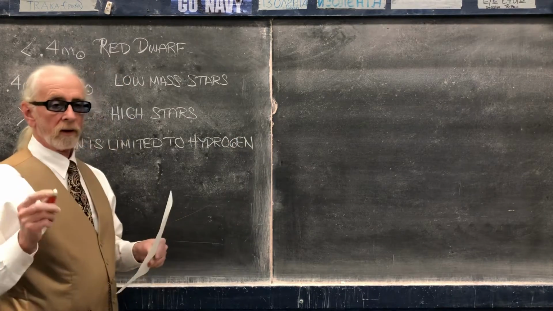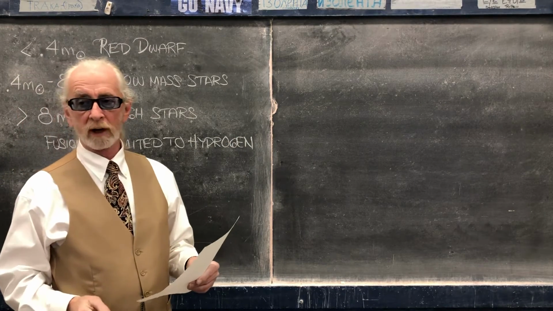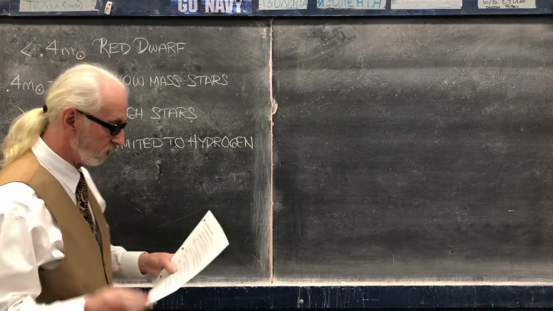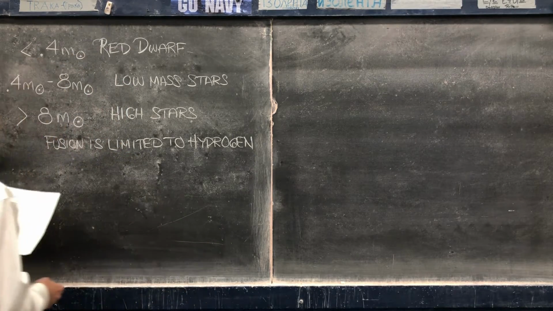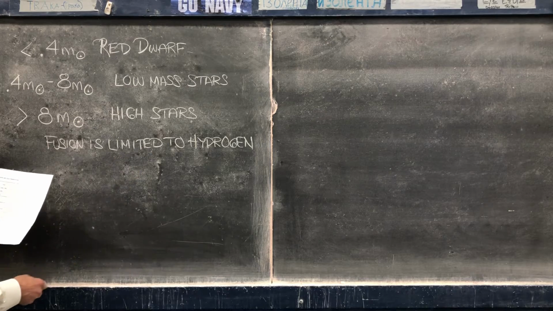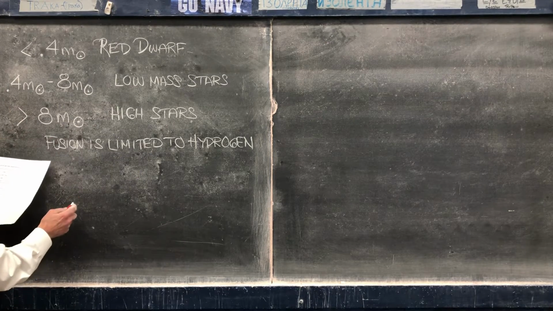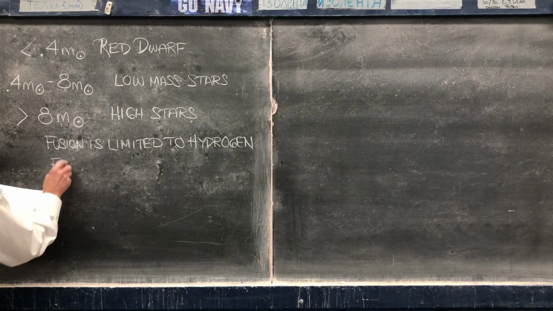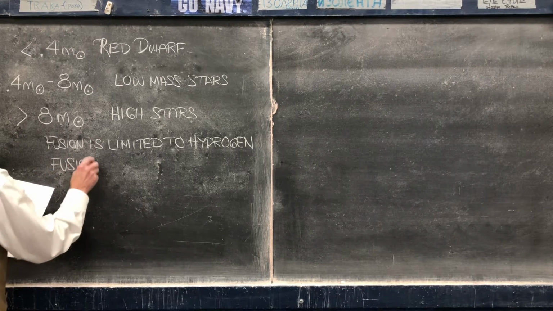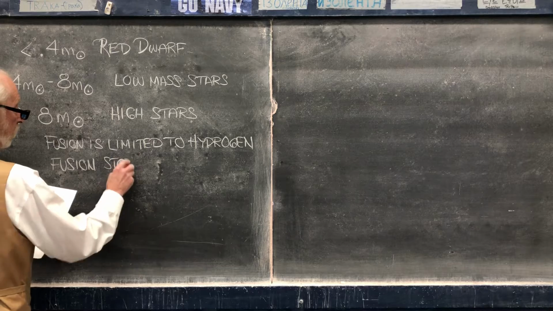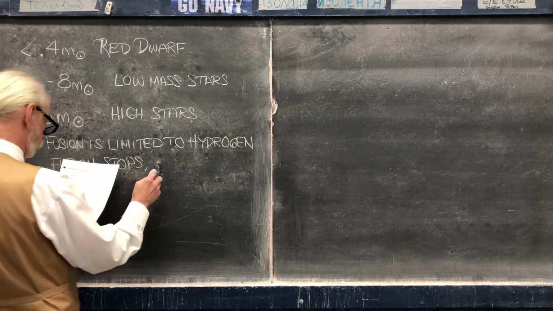And remember, the magic number, the critical number for hydrogen fusion is 10 million kelvins. Don't forget that, you'll see it again. The fusion process is limited to hydrogen in a red dwarf. And once the hydrogen is used up, fusion stops. The star cools.